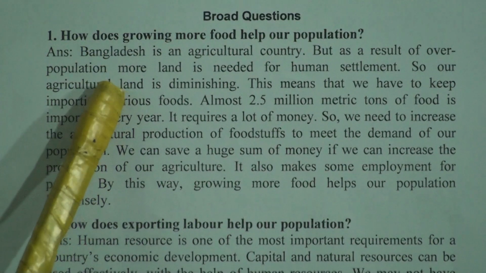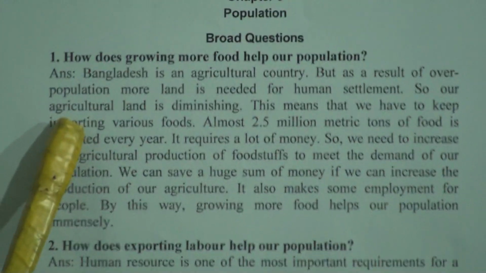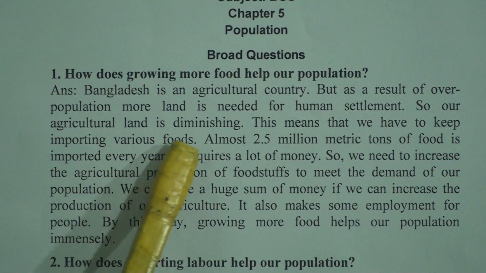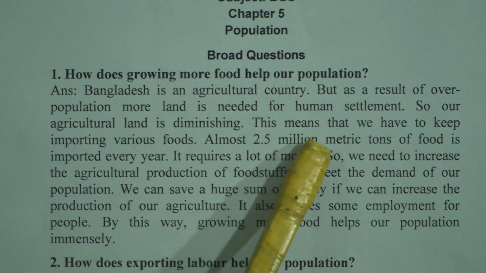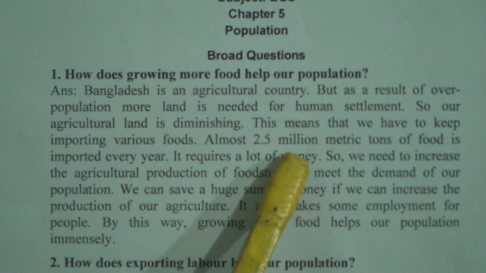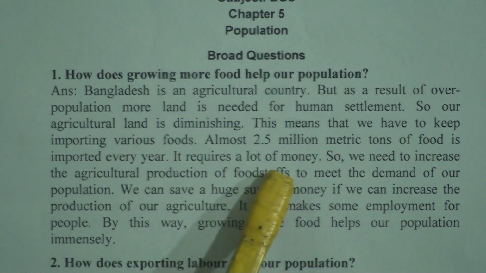Let's read again. Bangladesh is an agricultural country, but as a result of overpopulation, more land is needed for human settlement. So our agricultural land is diminishing. We have to keep importing various foods, almost 2.5 million metric tons every year, which requires a lot of money.